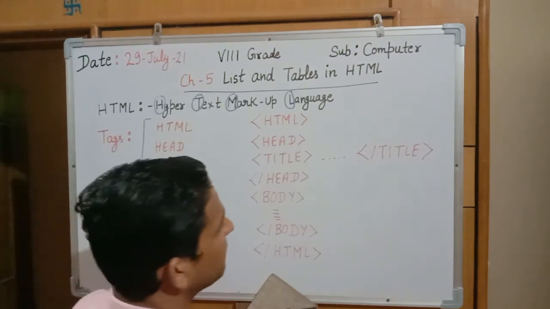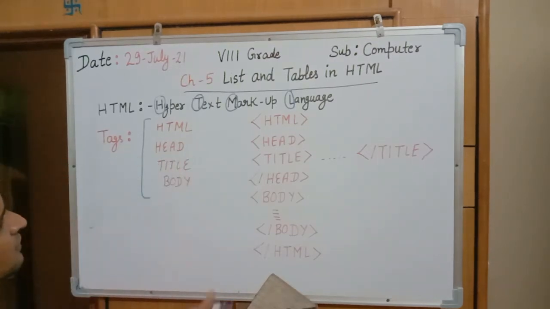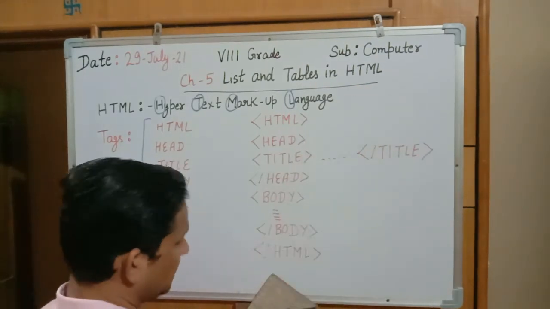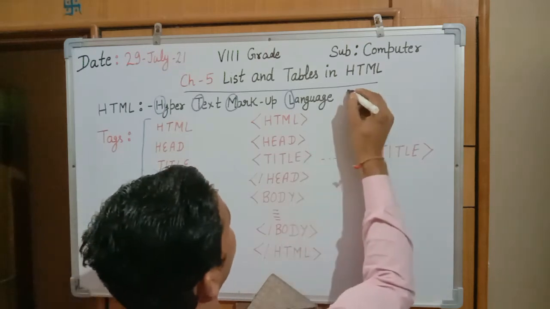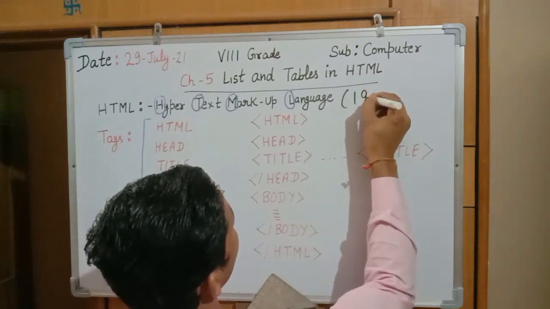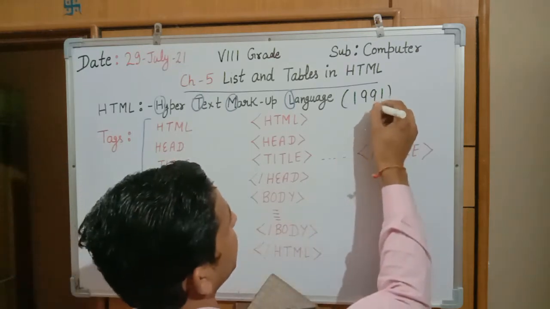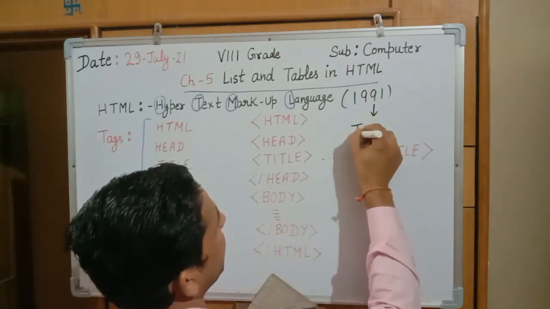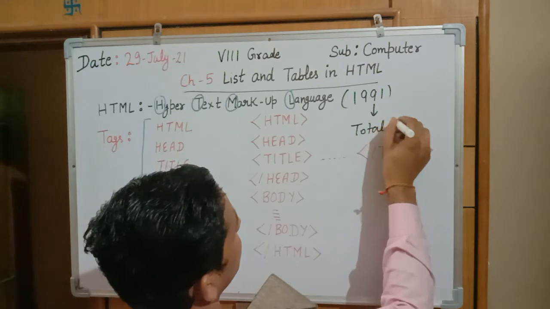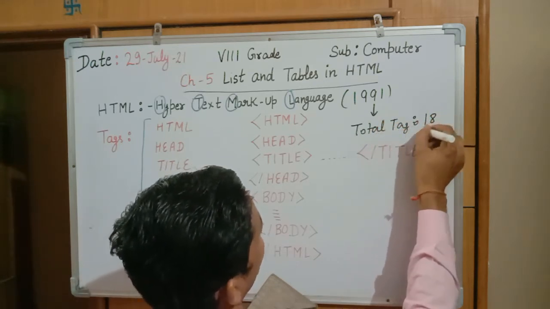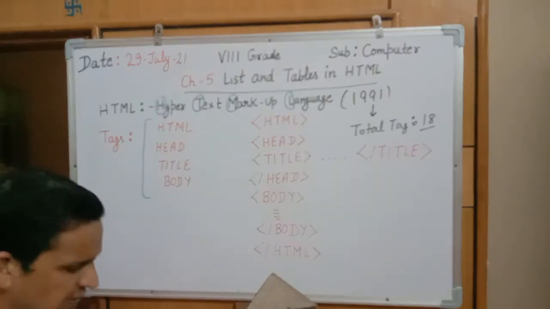Before going into detail, I want to tell you something more. HTML came to market in 1991. When it came to market in 1991, the total number of tags was 18. Right now we are using more than 100 tags.